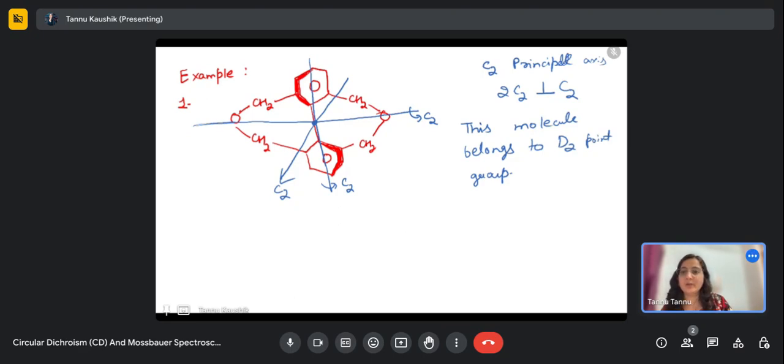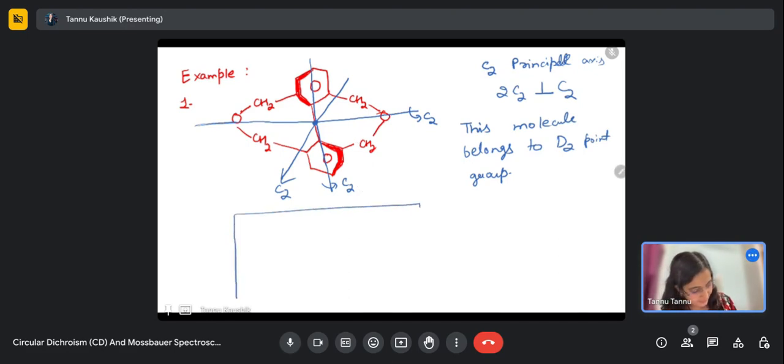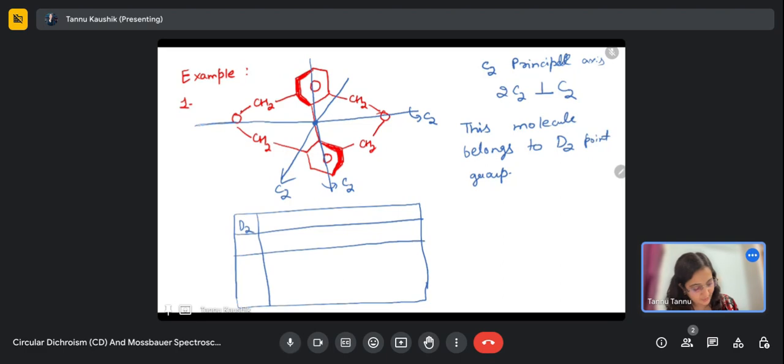Okay, so this is the character table for D2 point group. In the first column, we write the name of the irreducible representations, which are equal to the number of classes in a particular point group.